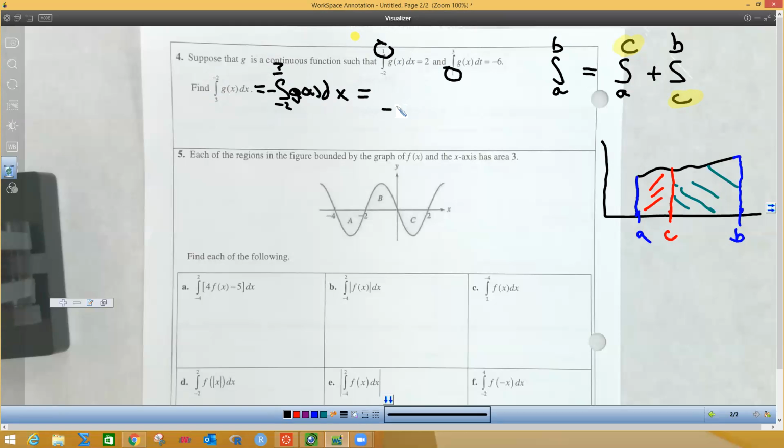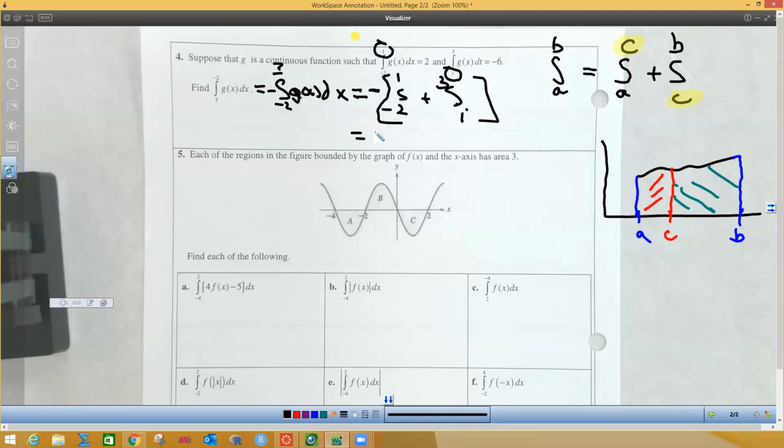So I can say that will be the negative integral from -2 to 1, plus the integral from 1 to 3 of the g(x) dx here. But I still have this negative out front because I flip-flopped these. And again, I should put g(x) dx and all this stuff.